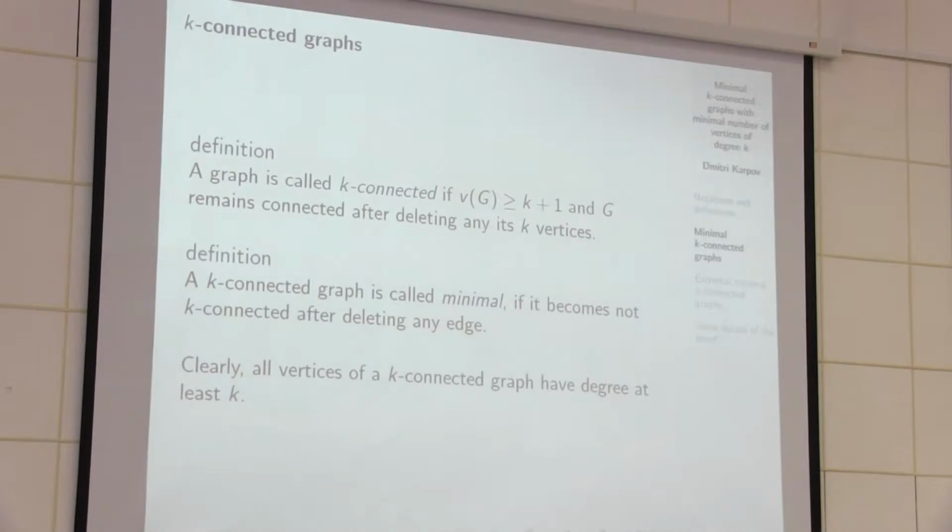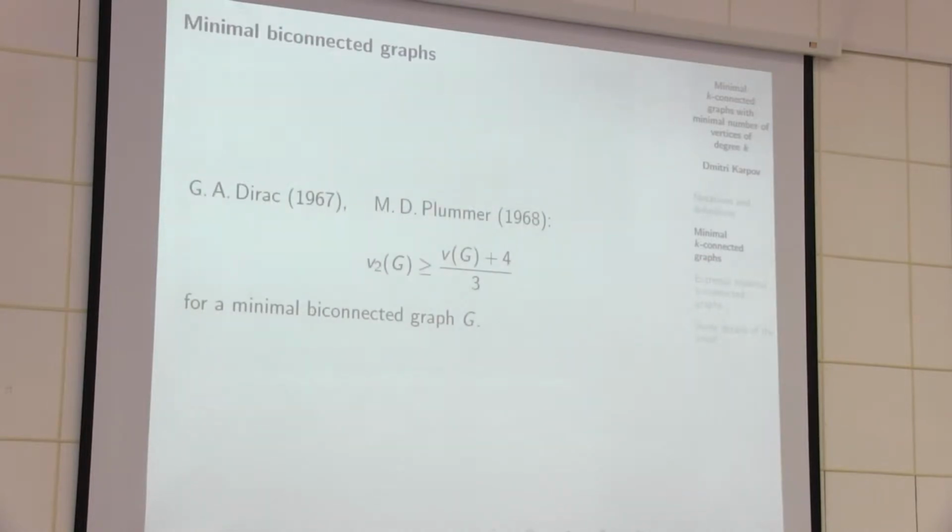It's at least k. Clearly, all vertices of a k-connected graph have a degree at least k. So it can explain the interest in the number of vertices of degree precisely k in a minimal k-connected graph. Of course, because any k-connected graph contains a minimal subgraph, we will investigate the minimal subgraph.